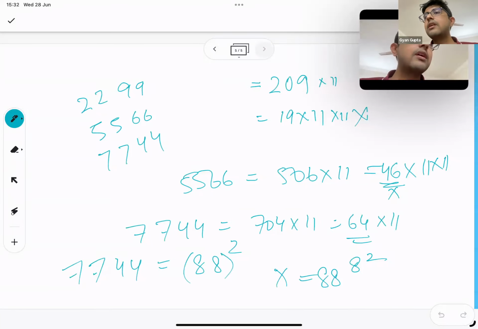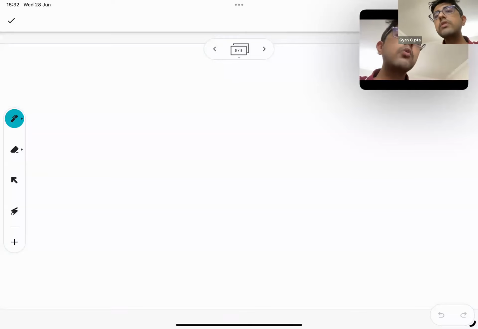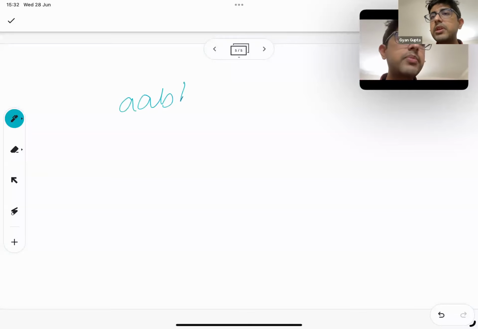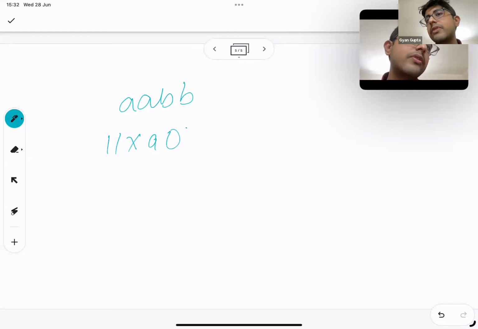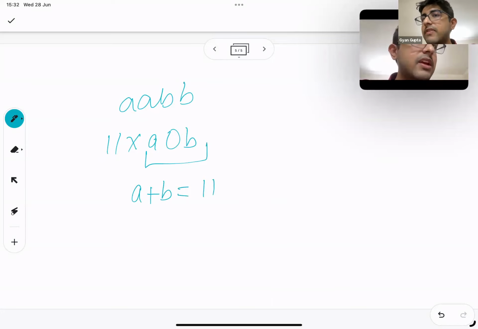Fair? I will quickly summarize what we did in this question so that this is a very useful slide for you. How we simplified AABB is by first observing that this number is divisible by 11, so we wrote it as 11 into A0B. After that, since this is a perfect square, A0B should have 11 as a factor, which brought us down to the fact that A plus B is 11.